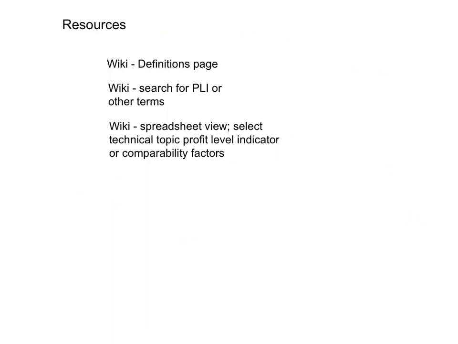For the Wiki spreadsheet view, you can go to technical topics, select either profit level indicator or comparability factors, which is something related to profit level indicators. All of these resources currently are on the Wiki, but we are planning on adding some other resources, both in terms of additional videos and in terms of training material, very shortly.